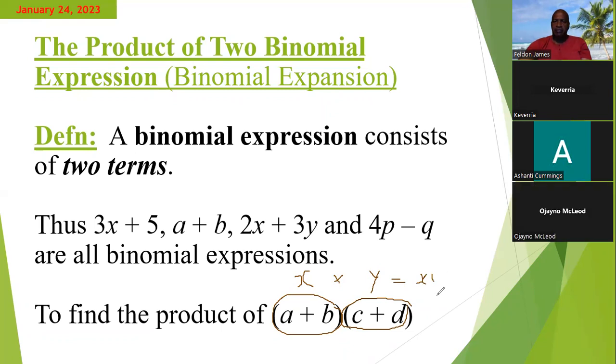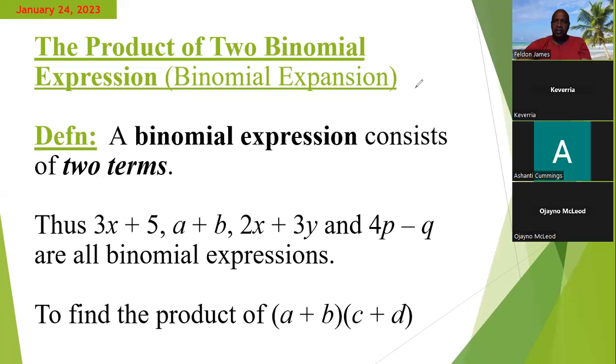Now, for the binomial, there are times when we are asked to remove the brackets. And in order to remove the brackets for two binomial products, we have to apply the distributive property.